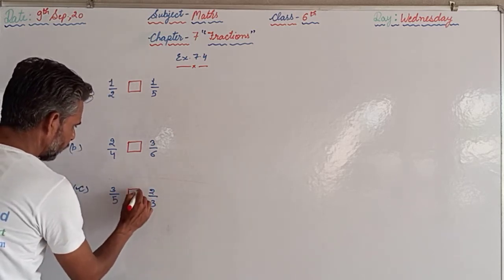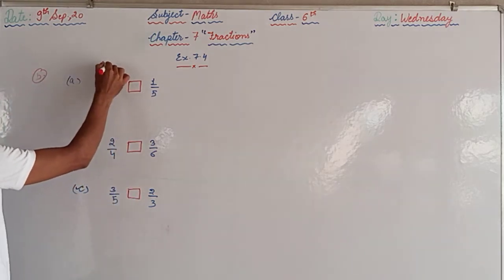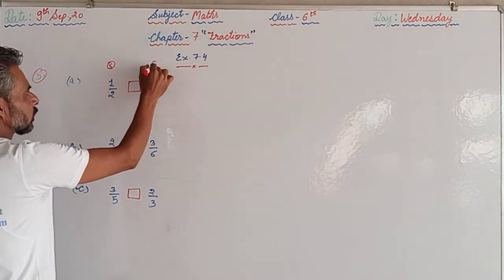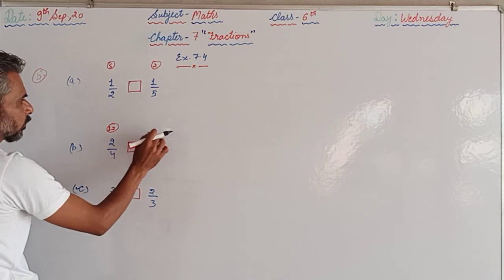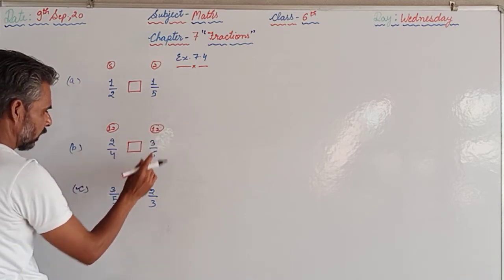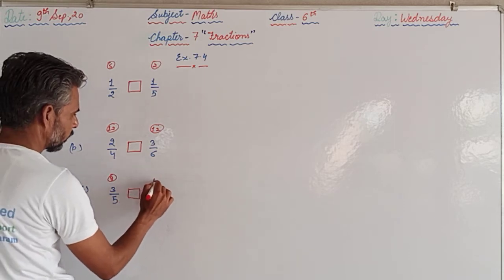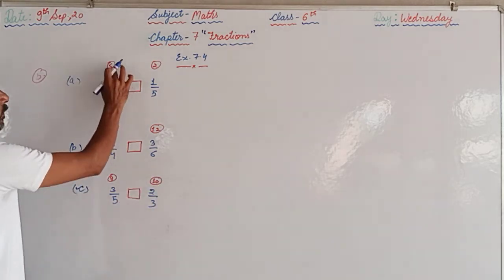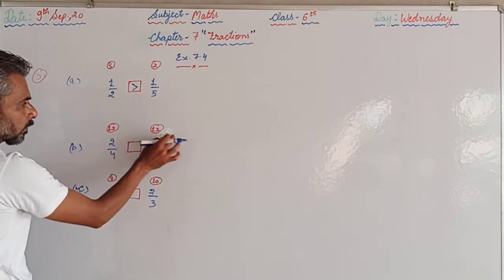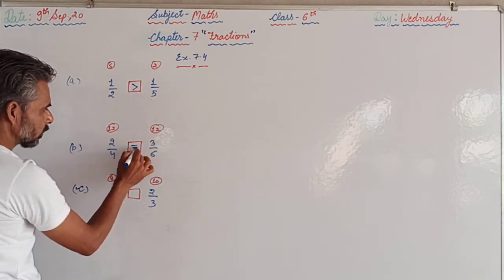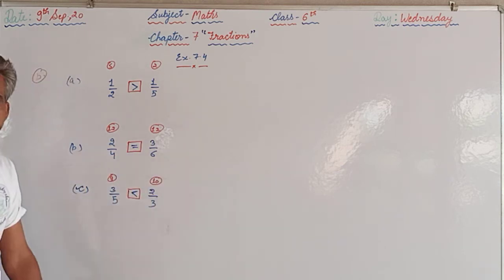Here no figure is given, so what we will do is cross multiply. 5 ones are 5, 2 ones are 2; 6 twos are 12 and 3 fours are 12; 3 threes are 9, 5 twos are 10. So here 5 is greater, so this will be greater. Here both are equal, 12 and 12, so the equals to sign will be there. Here 10 is greater, so the sign will be on this side.